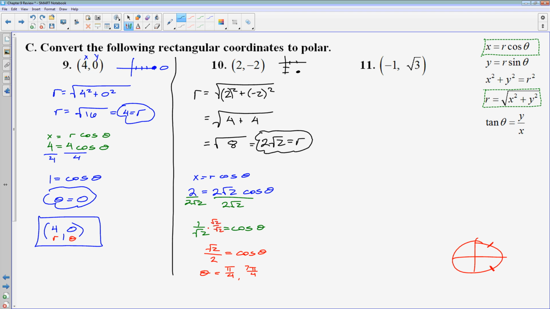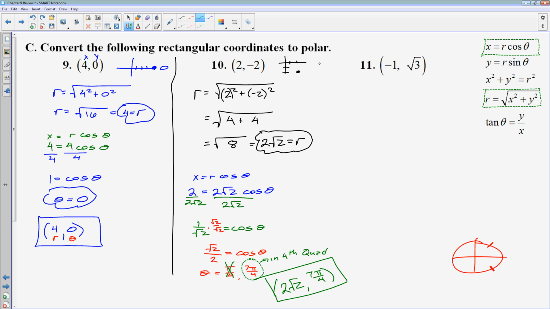That point is in the 4th quadrant, so we need to make sure we choose the angle that's in the 4th quadrant. Your calculator is not going to tell you 7 pi over 4. It's only going to give you the pi over 4. So you have to think above the calculator to choose the correct one. That's in the 4th quadrant. And there's my angle. So my answer is going to be my r of 2 root 2 and an angle of 7 pi over 4.